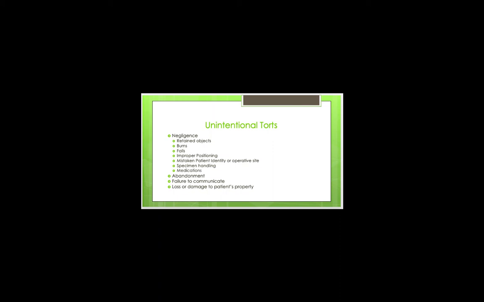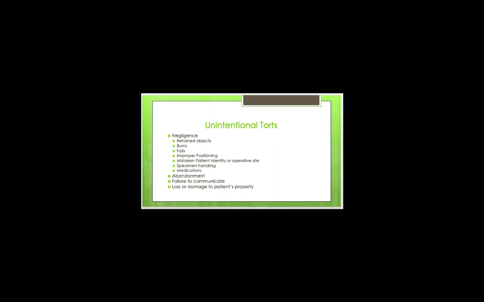So no one is going to do these things on purpose. These are unintentional, they're accidental, but a reasonable person acting within your role should be trusted and counted on not to allow these things to happen.